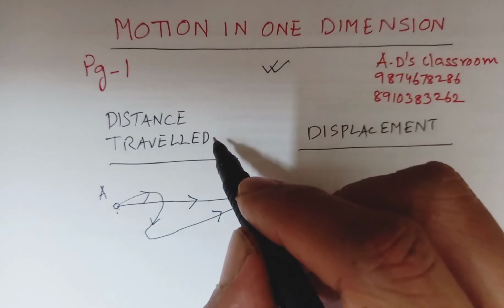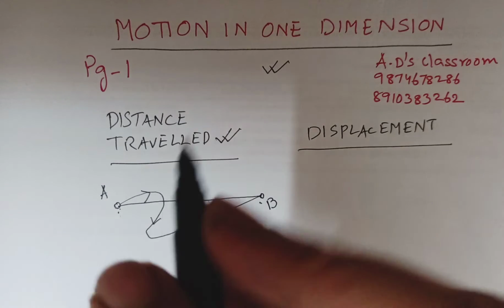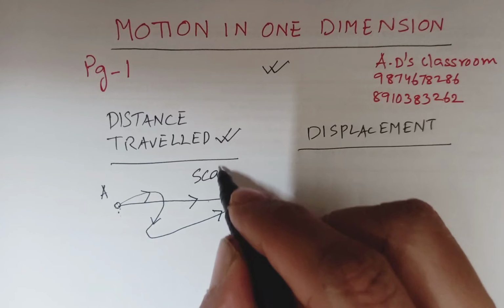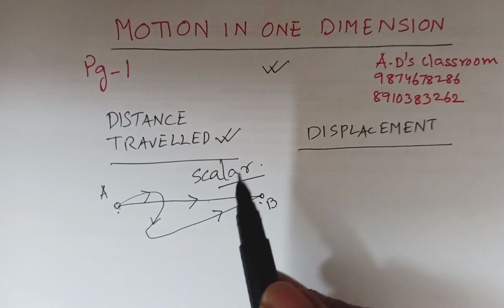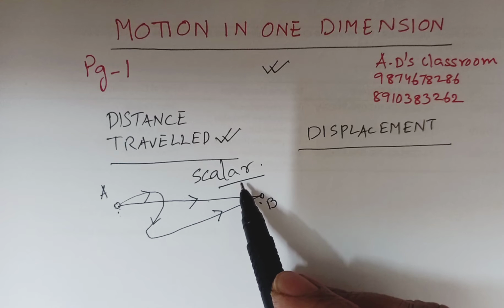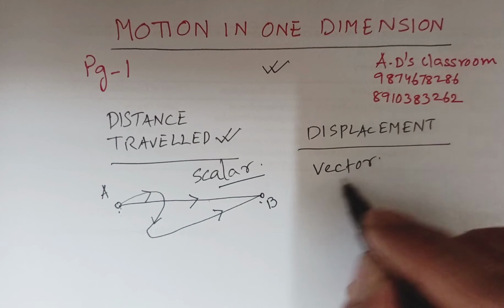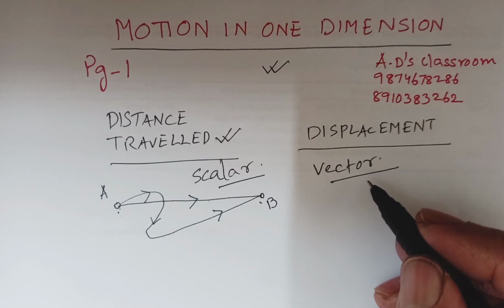Now, distance traveled is a scalar quantity. Scalar quantity means it has only magnitude, no direction. Whereas displacement is a vector quantity. That means both magnitude and direction.